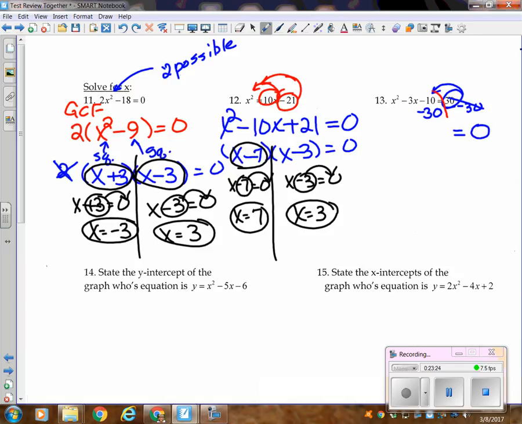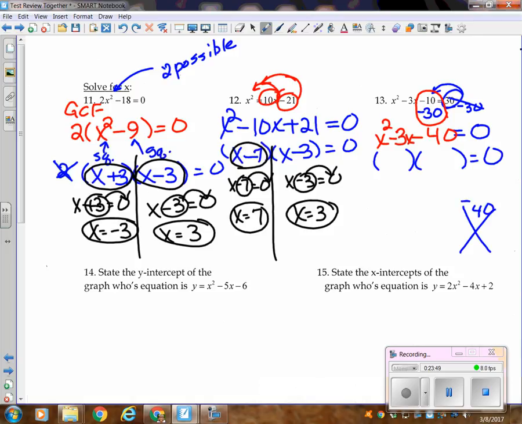Well, negative 10 and negative 30 add to give you negative 40. Okay, you still have 3x and you still have x squared. So my problem now becomes x squared minus 3x minus 40 equals 0 because we had to bring the 30 over. This is going to factor, and I'm thinking of everything that gives me 40.